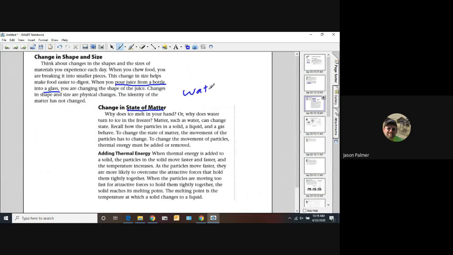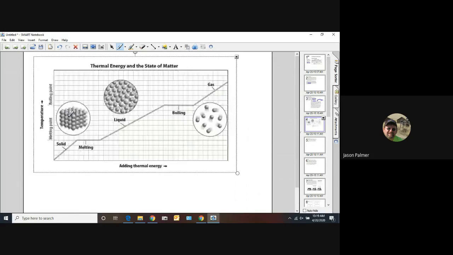Water is a good example because we know we can have water and ice, and obviously water and steam. And this shows it really well. We have a solid, all the atoms are closely packed together. Typically, this has the highest density.